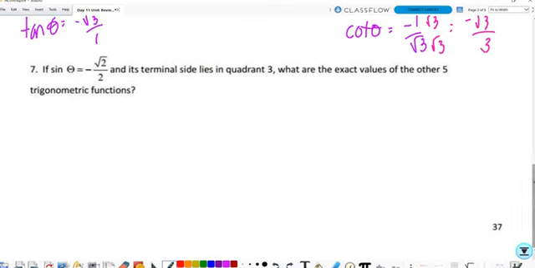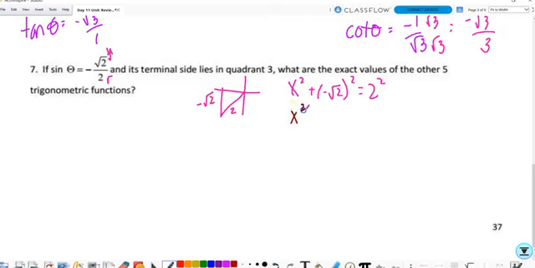All right, sine is y over r again, and now we're in quadrant 3. So I got y, r, x squared plus y squared equals r squared. Squaring a square root means multiply by itself.